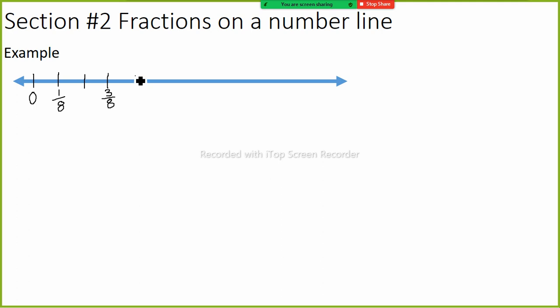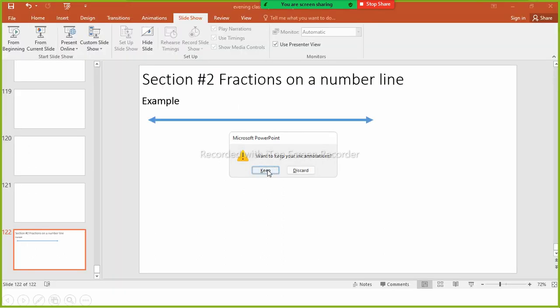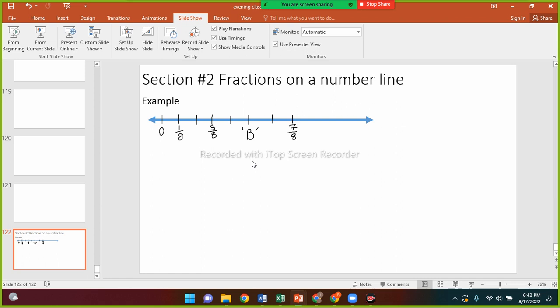Let's say we have this one, nothing for that, and for this one, we have the letter B. And so for here, we have nothing, and then for here, we have 7/8. And so my question here is the following.